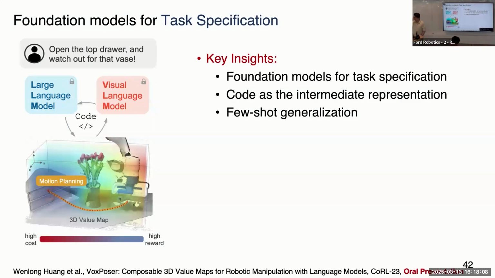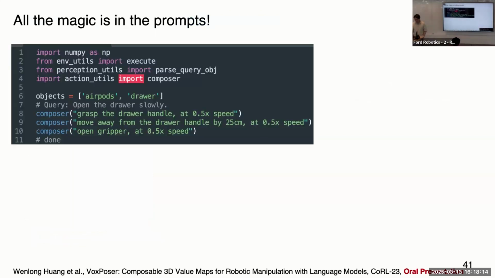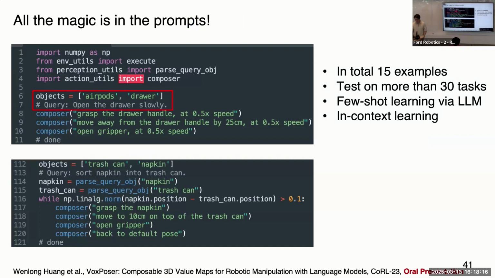How does the robot detect the change of the environment? So what's happening is actually this. I'm showing the prompt here. We have this object list, for example, trash can and the napkin. We also have the query, which is sort the napkin into the trash can. Those are the 2 lines of code we input to the large language model.